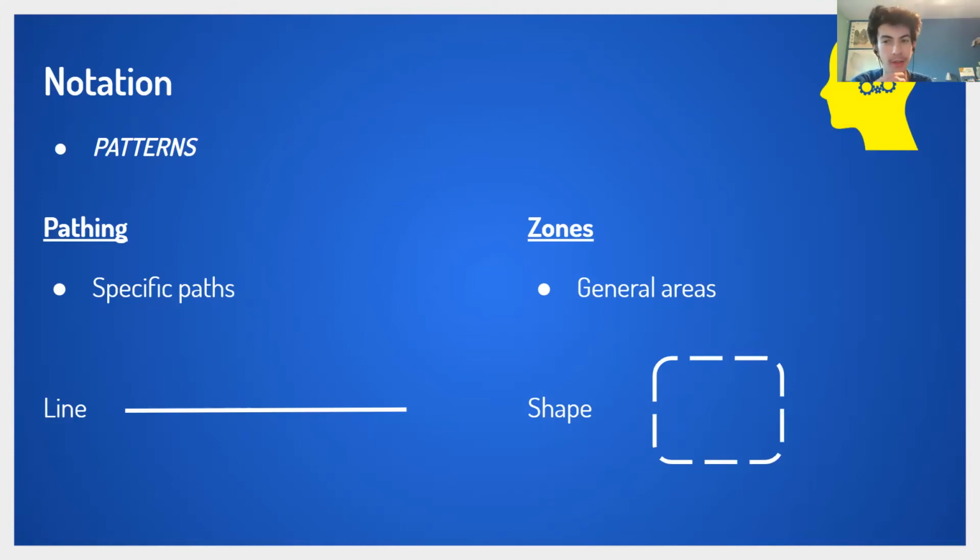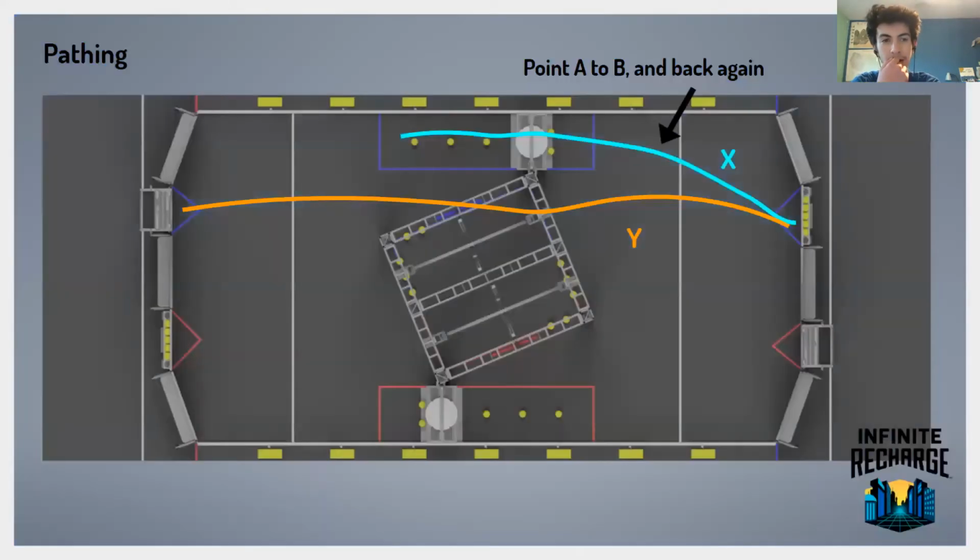That's something we do use in strategy. Of course, in every match there's going to be occasions where a robot deviates from the path or does something else. But if that's an outlier, that's not a pattern, and so maybe you don't take note of that. I'll show you what I mean in a little bit.